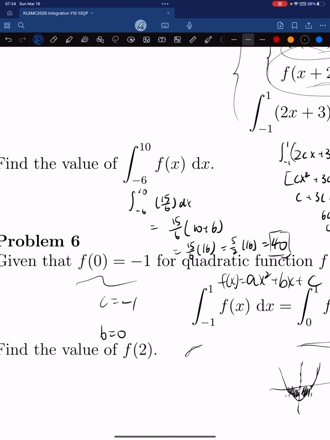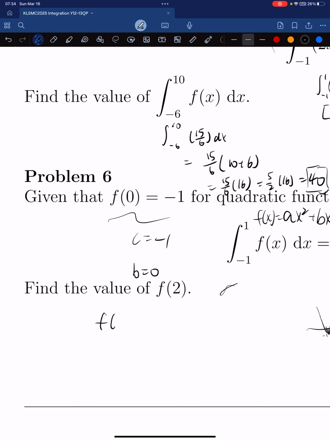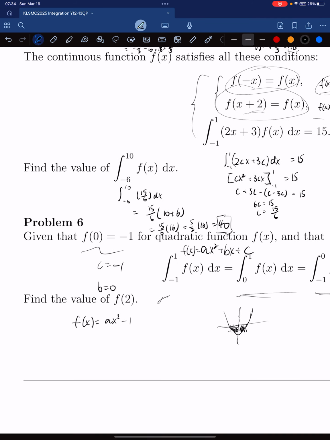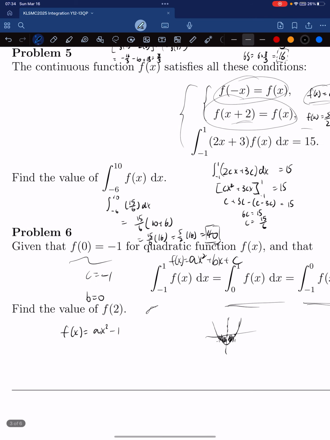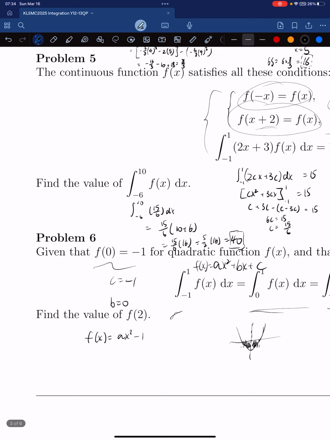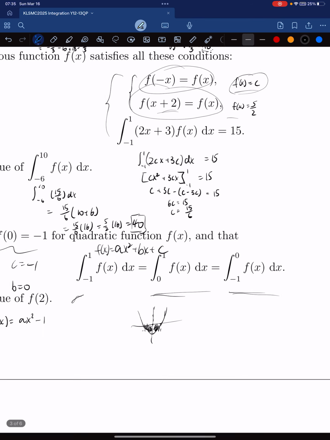So now we only need to find a, right? We reduced our function to f of x equals ax squared minus 1. And to find a, you can consider a trivial case.